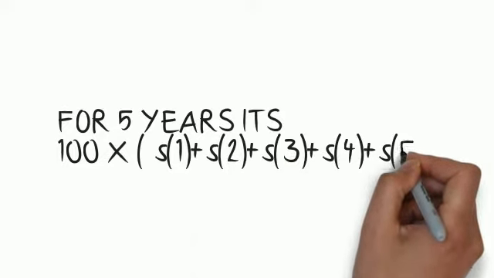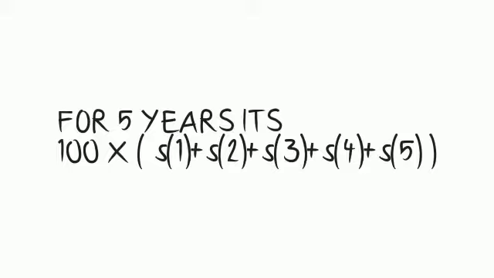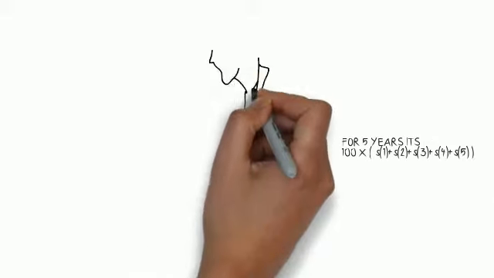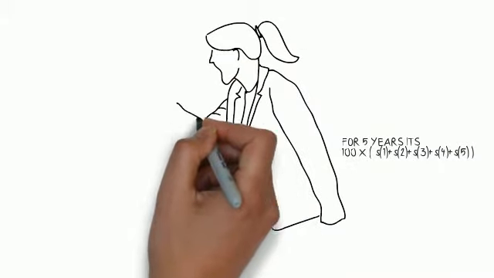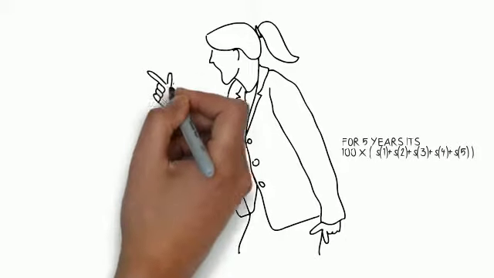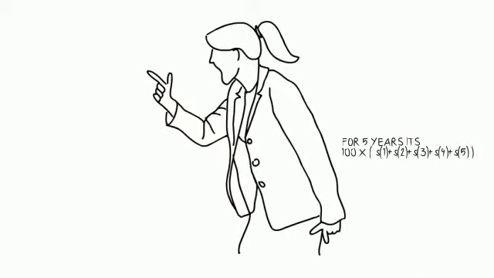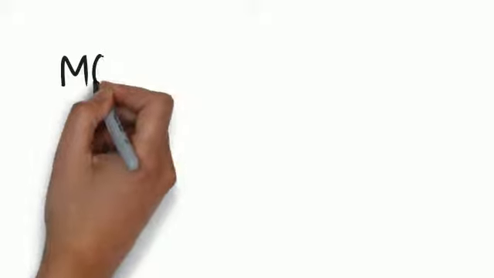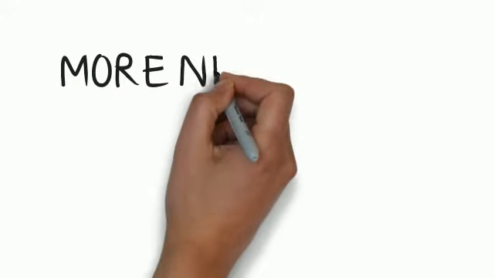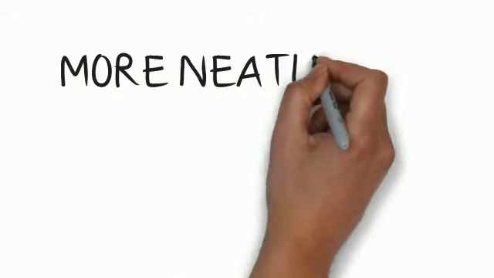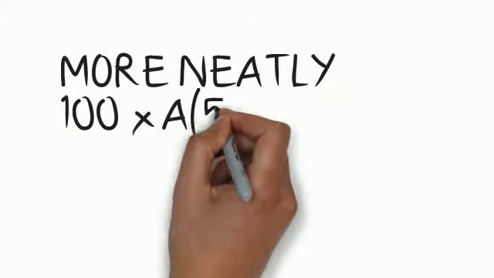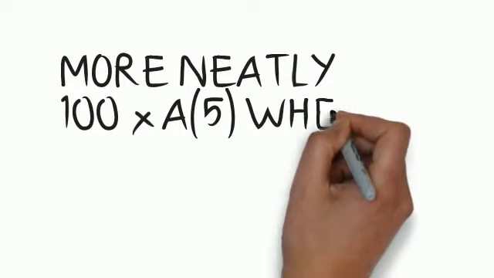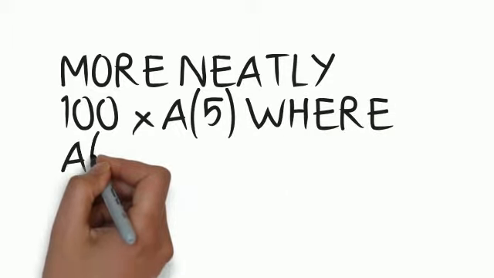All of that added together multiplied by $100 would give us the present value, the accumulated value of $100 after 5 years. In other words, we are accumulating $100 over 5 years using the function S.